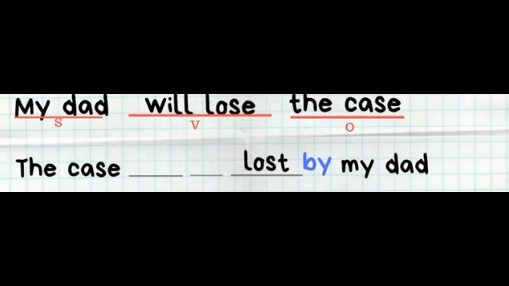So what you have to do is just pass the auxiliary or modal in the exact same way. You don't change anything, and you just add the verb be, and that's it. As you see, it's very easy.